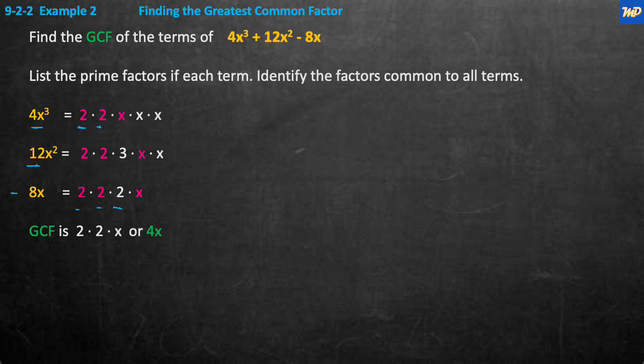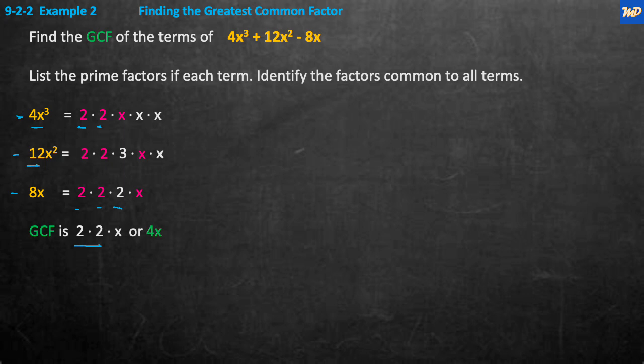Well, we can only use two 2's, the maximum number of 2's common to all 3 of them. So we place them down here, two 2's. That's part of creating the greatest common factor.